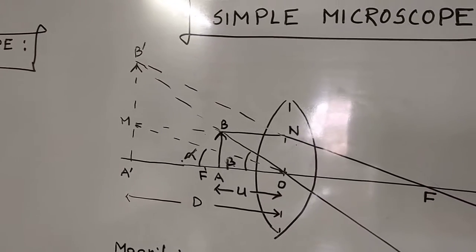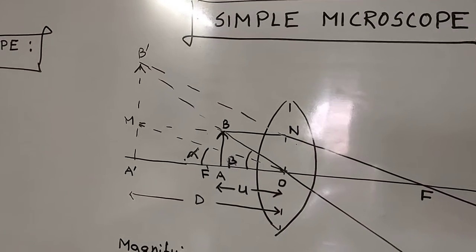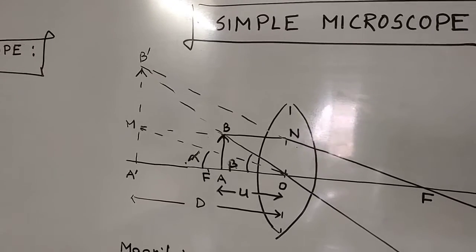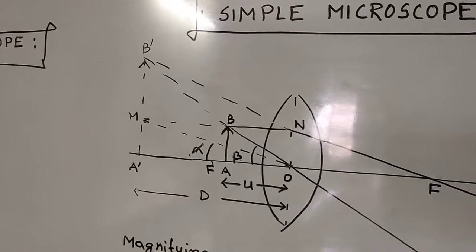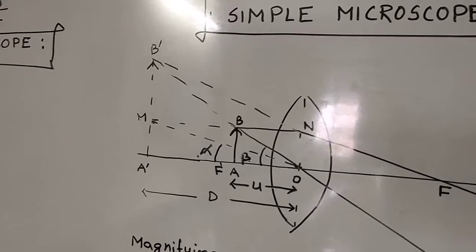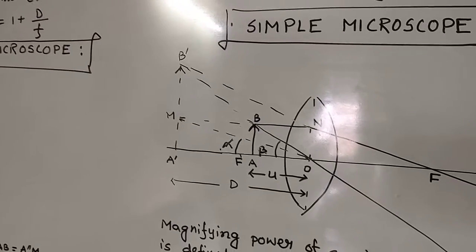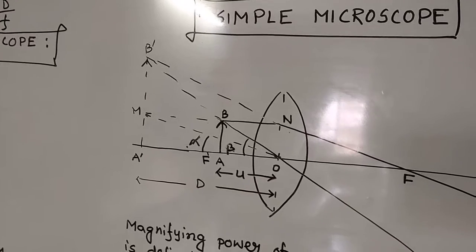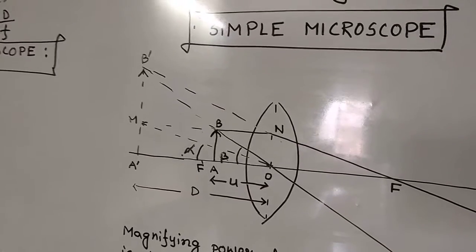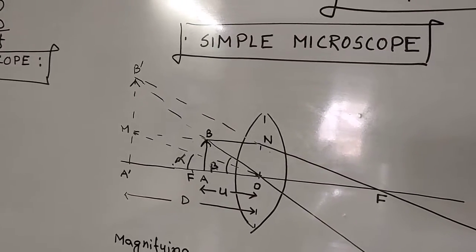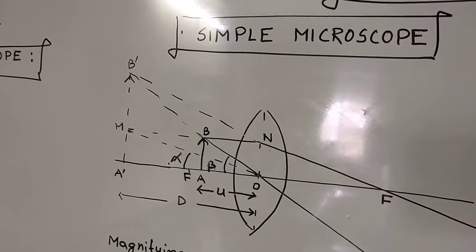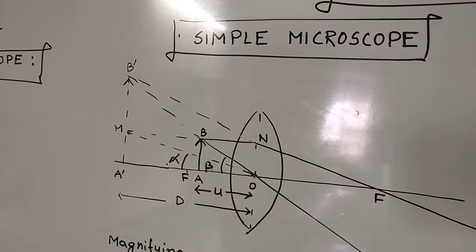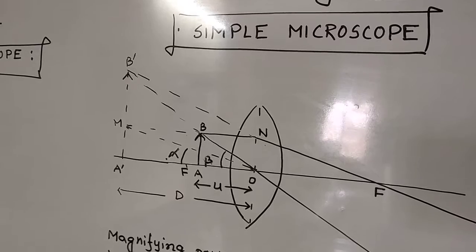This is the distance at which we can see an object very distinctly, and for the normal eye it is 25 centimeter. So A dash B dash is formed at the least distance of distinction.